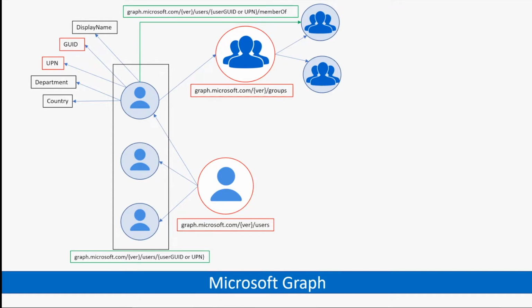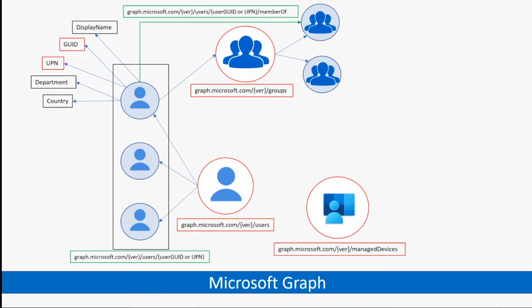Similarly, users and groups, maybe I can take in terms of portal, I will take it as the Azure AD portal that I control with. Coming into managed devices, Intune, say the Microsoft Endpoint Management admin portal, we have managed devices.